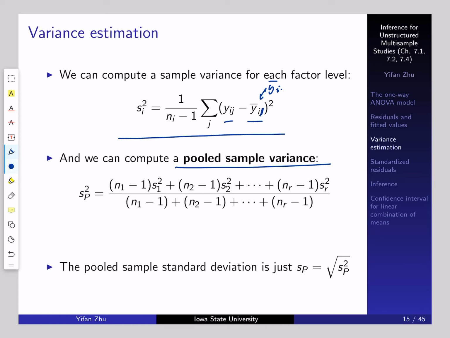It is n1 minus 1 times s1 squared plus n2 minus 1 times s2 squared, all the way to nr minus 1 times sr squared, divided by n minus r.